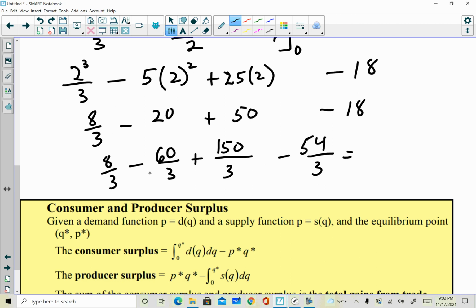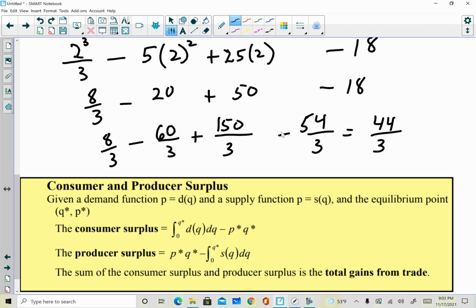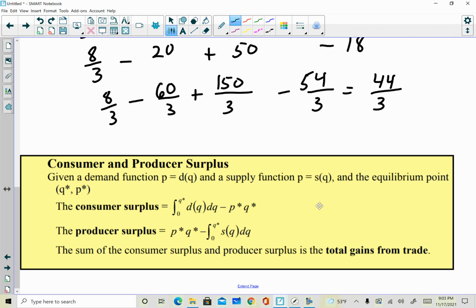So I'm going to calculate 8 minus 60 plus 150 minus 54. That's 44 over the common denominator. 44 over 3 means 44 divided by 3. To the nearest cent, 44 divided by 3 is $14.67.